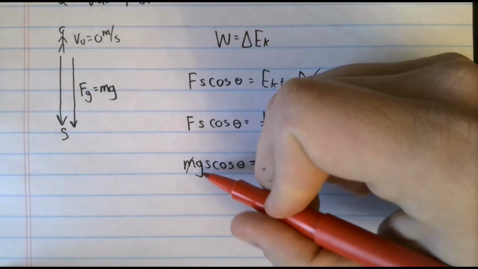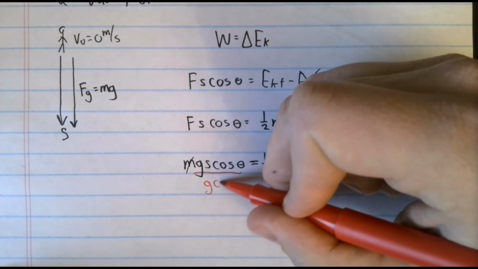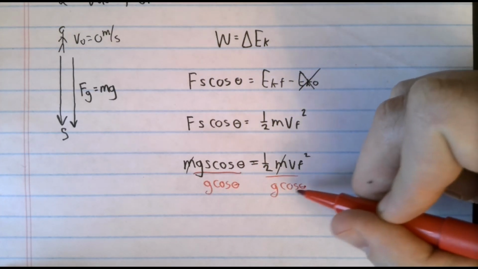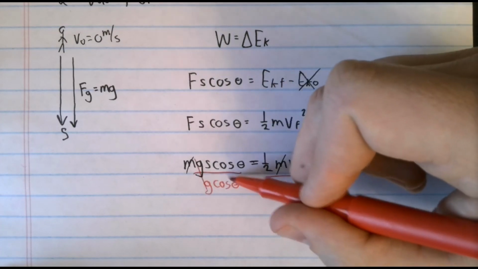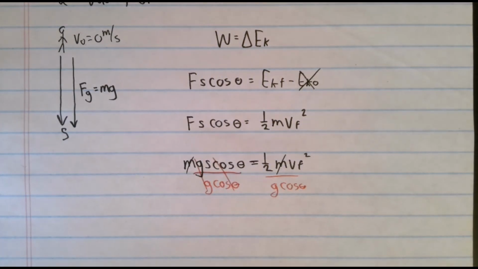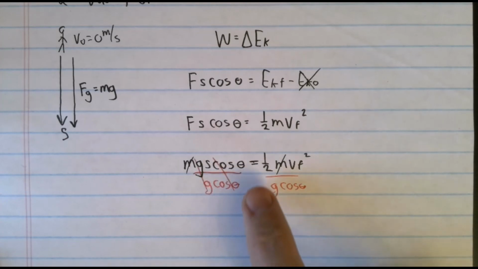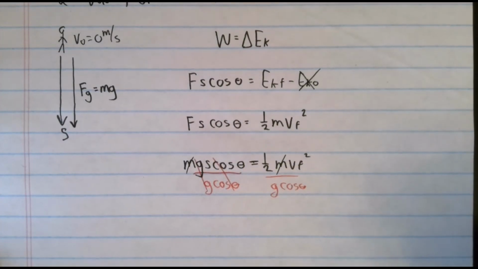I'll show this optional red step. I'm trying to go fast to not burn so much time. So I'll plug the numbers in from here. What we have left is S equals 1/2 VF squared over G cosine theta.